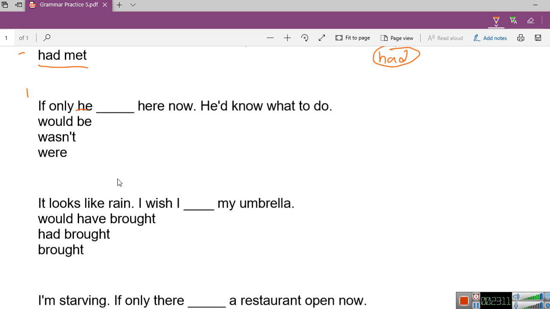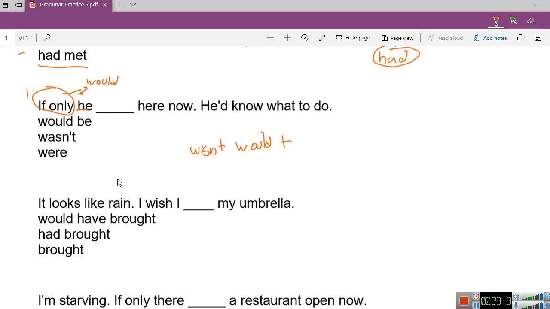No, remember, if I am going to use would, I can only use wish. I cannot mix would with if only. It's only for wish. So look, here we have if only. I cannot use would. That is forbidden. Never mix would with if only, all right?